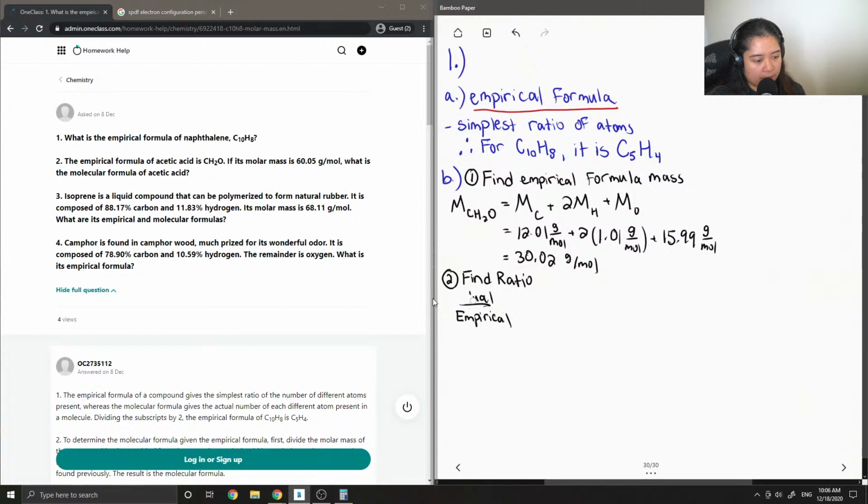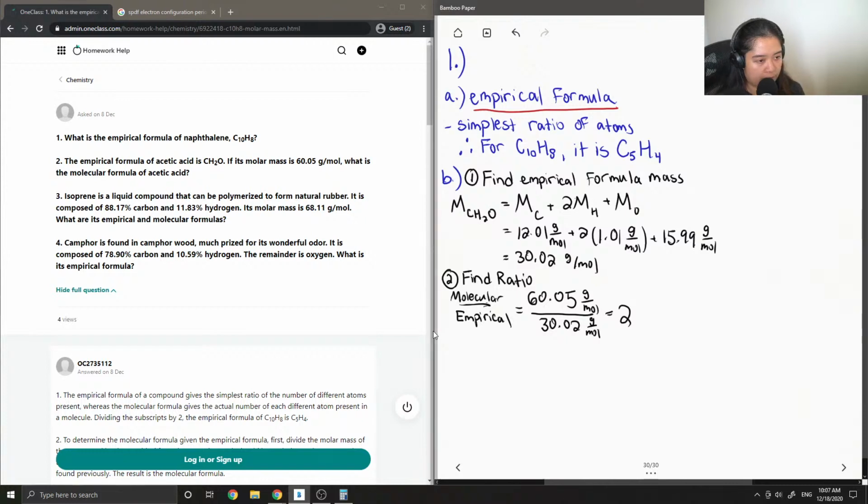Actually, I'll write this as molecular over empirical. The actual molar mass was 60.05, and the empirical formula mass is 30.02. When we find the ratio, we want to round to the nearest whole number. In this case, it would just be 2.